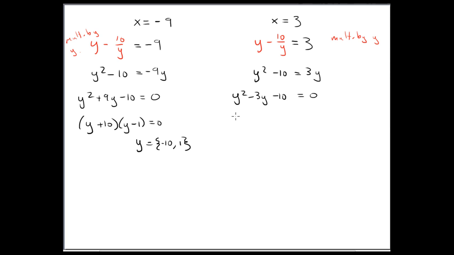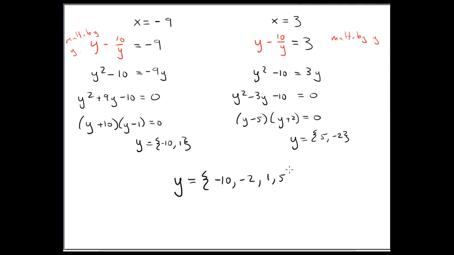This factors into y minus 5 times the quantity y plus 2 equal to 0. So y is going to be equal to the set 5, negative 2. We put everything all together: y is equal to the set negative 10, negative 2, 1, and 5. Those are all our possible solutions.